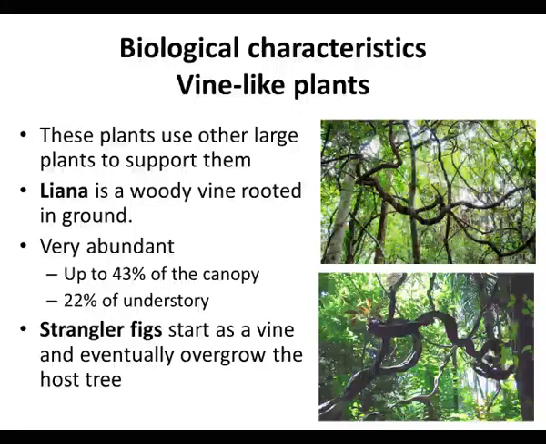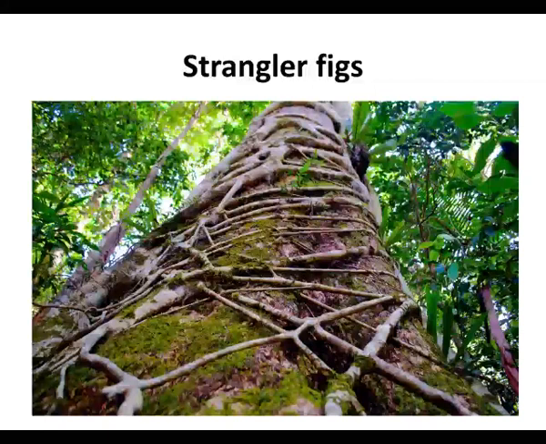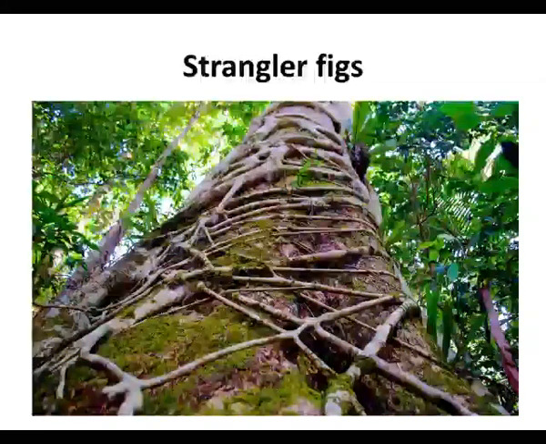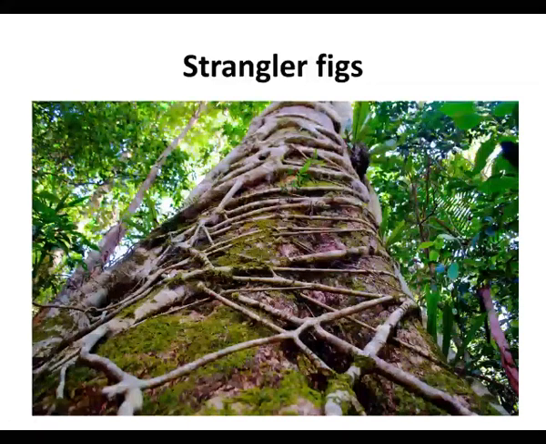And these figs start their life as a vine, but eventually it'll kill the host plant and it'll become a giant tree. So in this picture you can see this network of roots represents the growing strangler fig around the host plant.